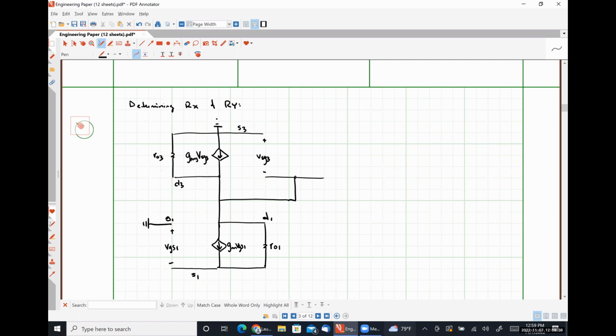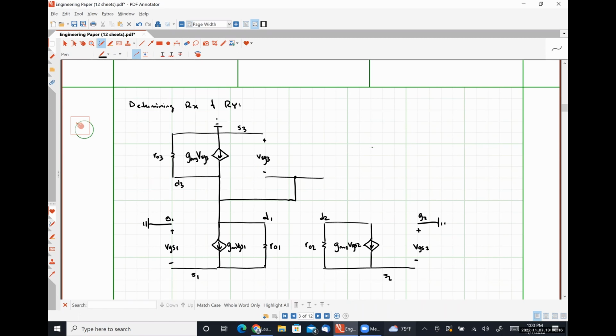Now I'm going to work on the right-hand side here. Here's RO2 in parallel with my current source, GM2, VGS2. This is my drain of 2. Since I'm looking for resistance, I'm going to short my input node. This is the source of 2 and the gate of 2.